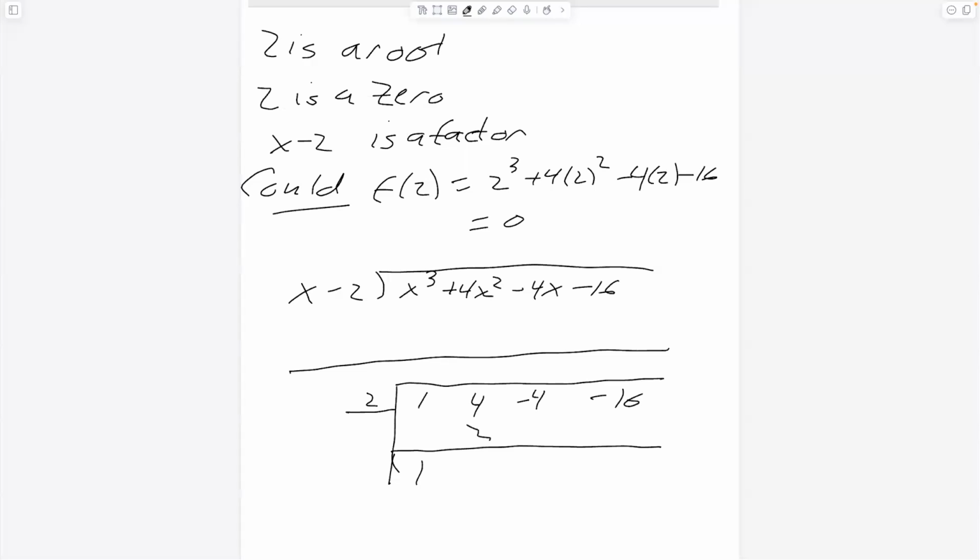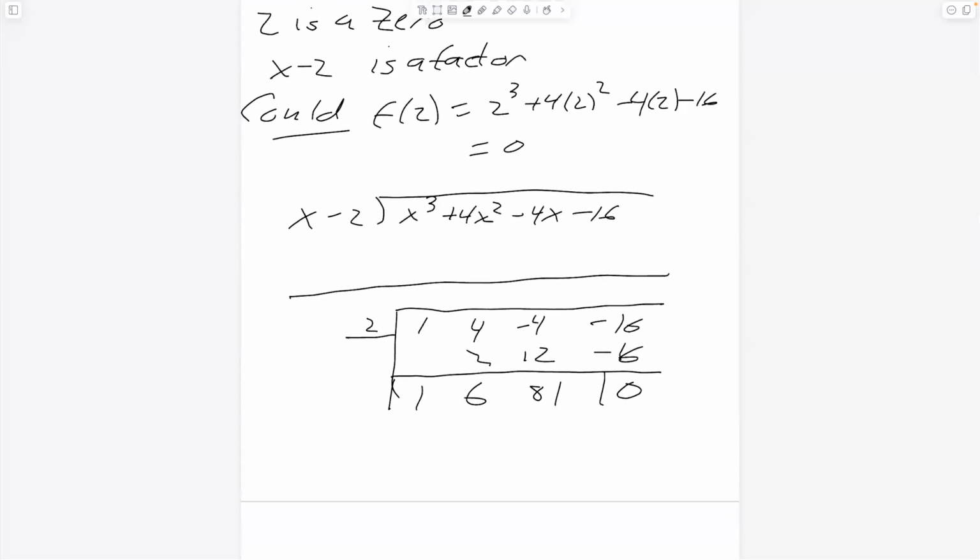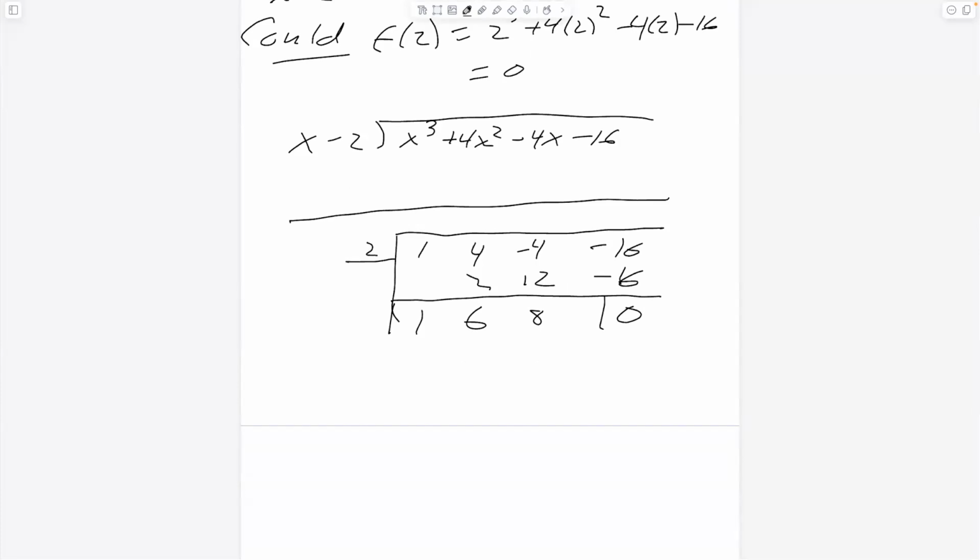2 times 1 is 2. 4 plus 2 is 6. 2 times 6, 12. We get 8. 2 times 8, 16, and -16 plus 16, oh boy, look at that, 0. If we didn't get 0, we know we goofed. What's left over right here are going to be the coefficients of my polynomial that's 1 degree less than this guy.